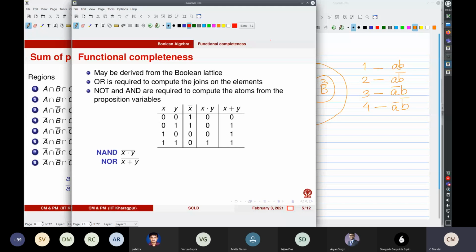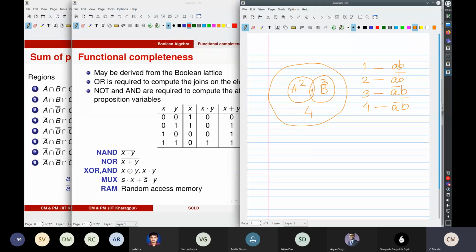So we have already studied functional completeness. You have to be a bit careful regarding this.